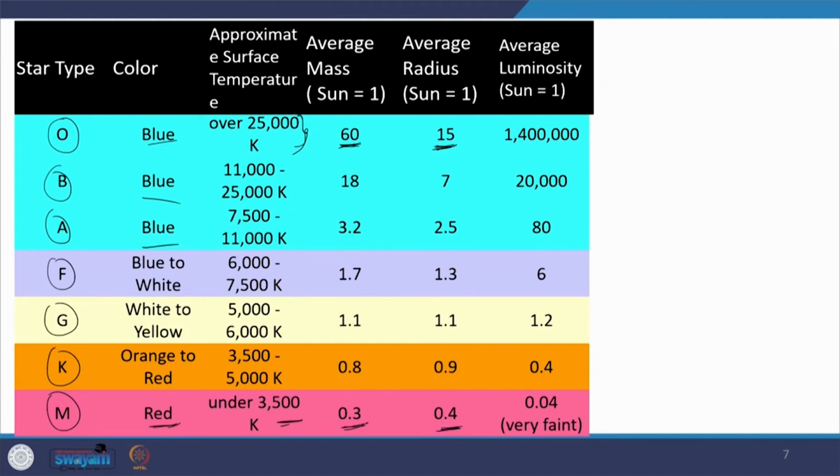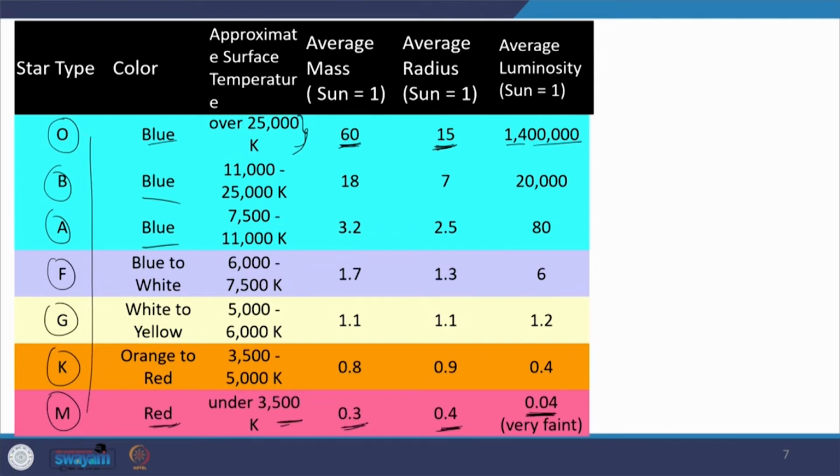In terms of sun luminosity, it is about 14 lakhs, that is 1.4 million times that of the sun, for the stars in the upper left region, and very faint, 0.04 times that of the sun, in the red, cool and low luminous region. So, this table gives us an idea of the numbers for temperature, mass, radius and luminosity. And whenever you see these kinds of codes, they denote the color code in the HR diagram.